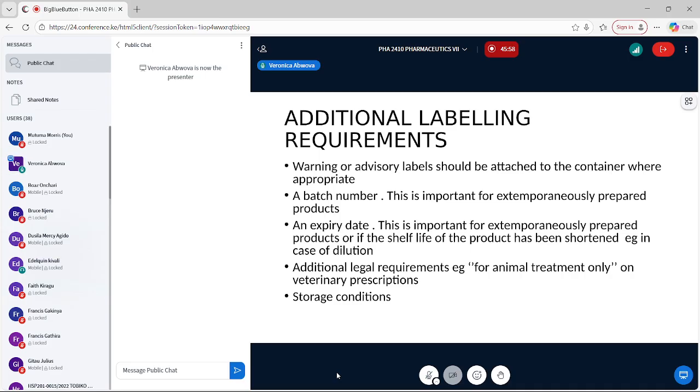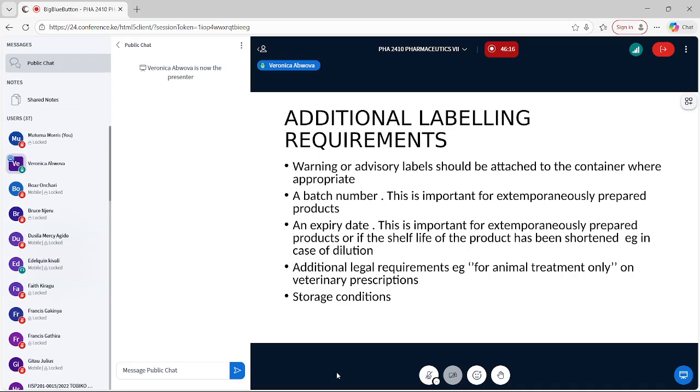In case of anything, you can trace all that. Usually, products that are produced in the industry will have a batch number, okay? And that batch number is a legal requirement. It is important for tracing, okay?